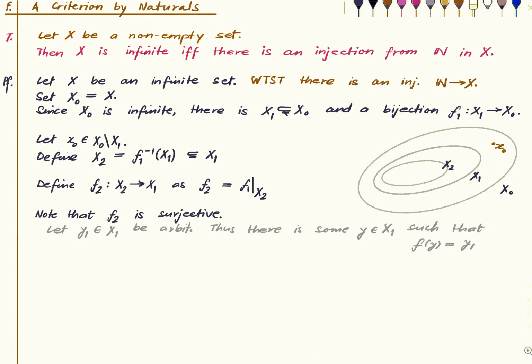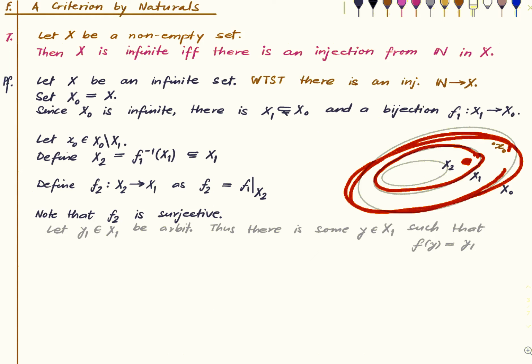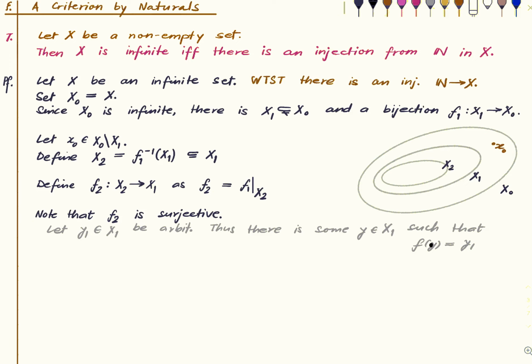So what are we saying? We chose a point y1 from the set X1 arbitrarily, but think of y1 as a point in X0 rather than X1. Now, since this map is surjective, there is something in X1 that maps to it under the map F1. And that's something we have named as little y. But what does this mean?